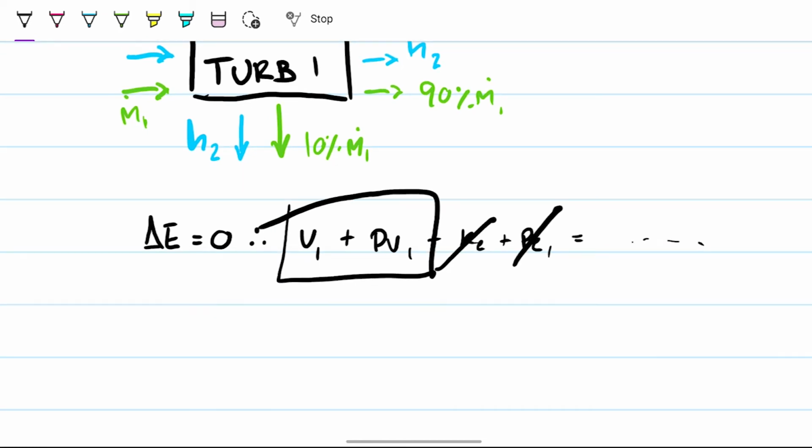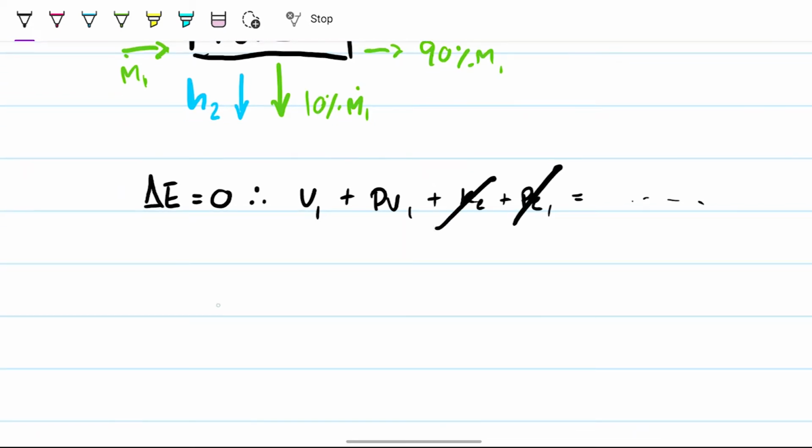The combination of internal and flow energy is enthalpy. So therefore, we end up with enthalpy 1 minus what's going out, enthalpy 2, minus work coming out has to be 0. Or in other words, enthalpy 1 has to be equal to enthalpy 2 plus work. Work of turbine 1, that is.